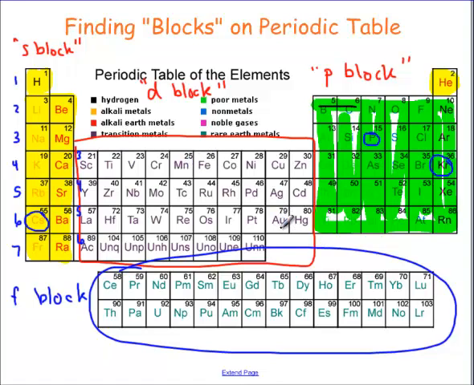Gold would be in the 5D block. The F block also gets numbered strangely in that this is the fourth energy level. The lanthanide series, that top row, is in the fourth energy level, and then the actinides are in the fifth energy level. So our favorite element right here, uranium, is actually filling up in the 5F block.